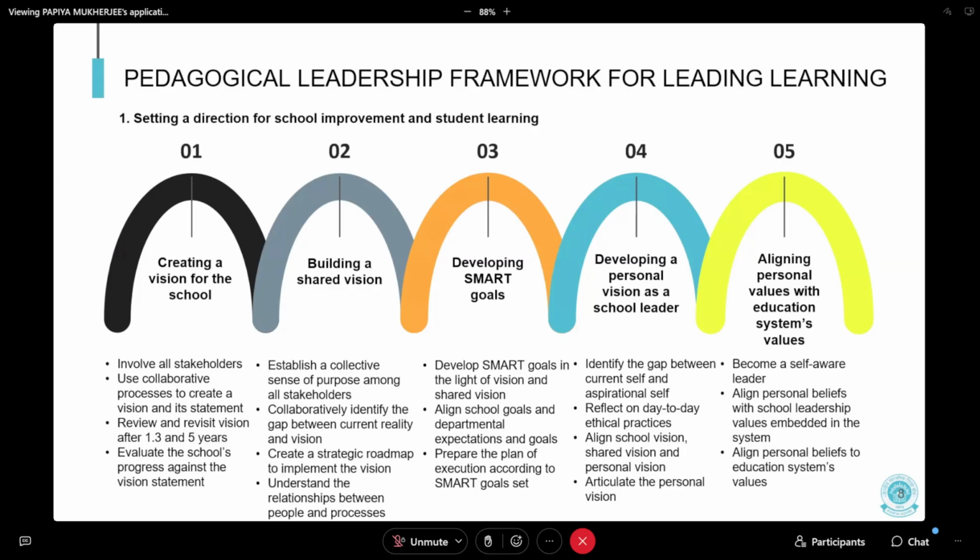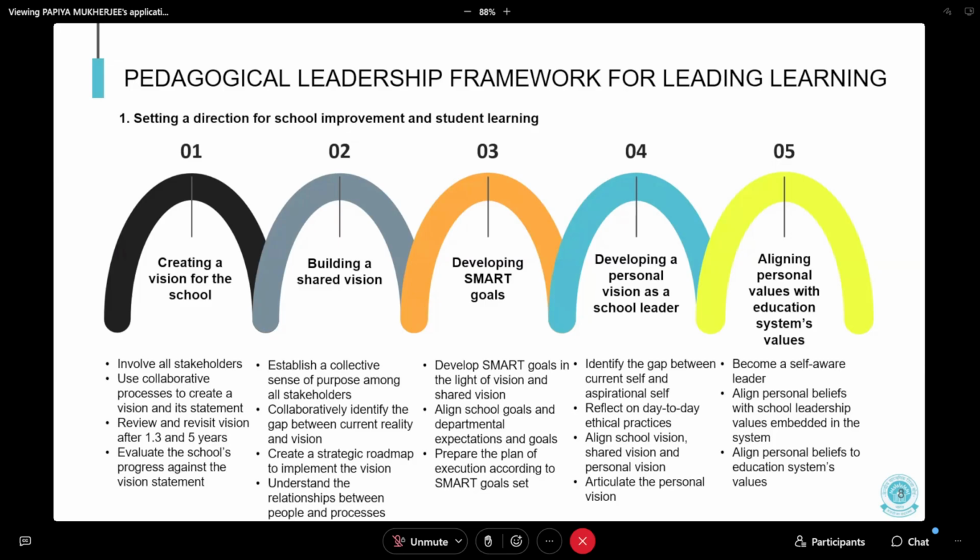Then you use collaborative processes to create a vision and write the vision statement. The vision that has been co-created needs to be revisited after every 1 year, 3 years, or 5 years to evaluate the school's progress against the vision statement.